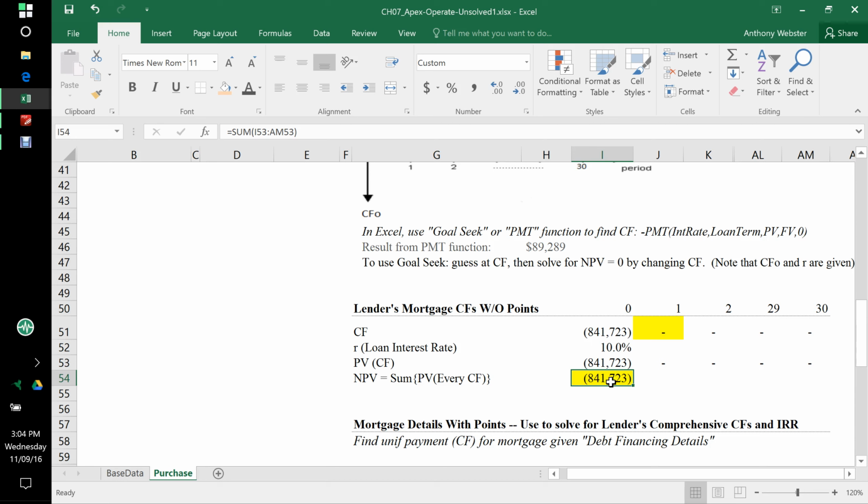And that is what we have learned in our discounted cash flow chapter. The sum of all our discounted cash flows is the NPV, okay?